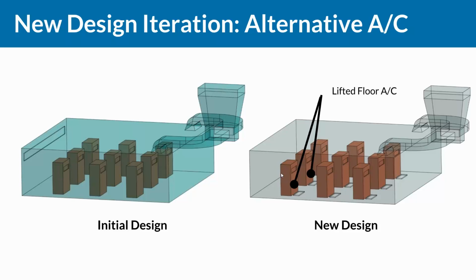So our idea was to create new inlets of the cooling system, but this time we'll put them here, what we call a lifted floor inlet, and this will help us make sure that we're going to have the same distribution of the air all over our room.